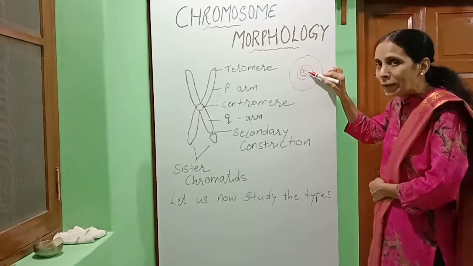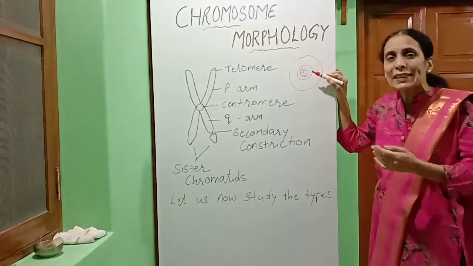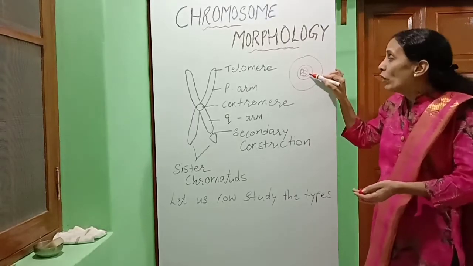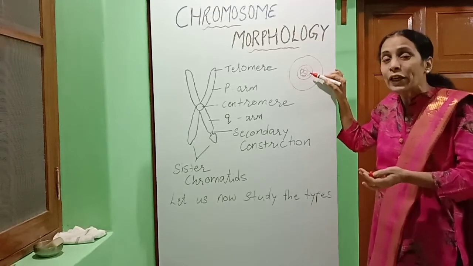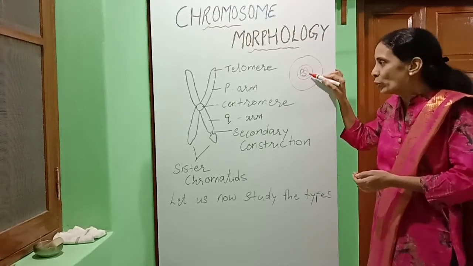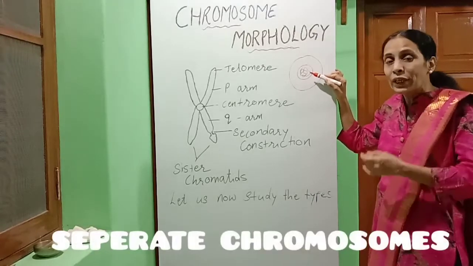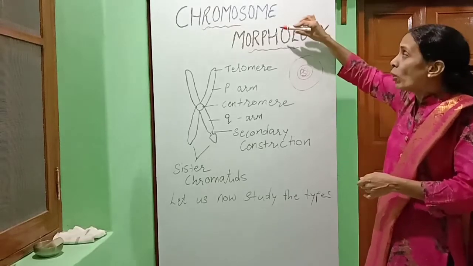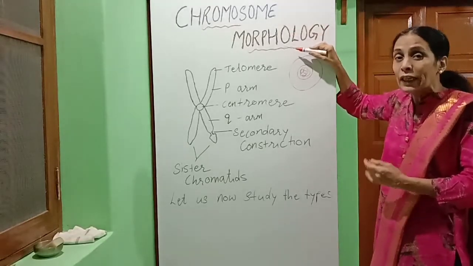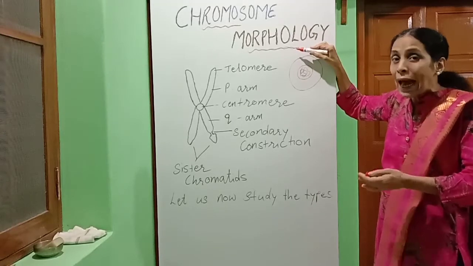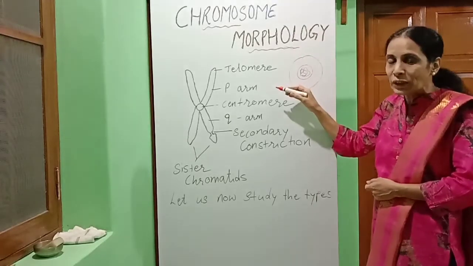This chromatin during cell division will get condensed into separate chromosomes, and we can study the chromosome morphology during cell division at the metaphase stage.